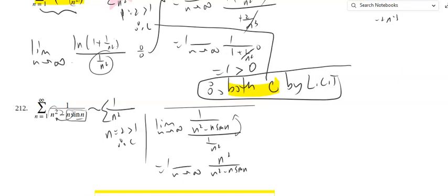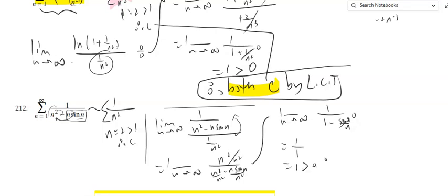And if I divide by the highest power term of the denominator, I could use L'Hopital, of course. Divide each by n squared. That is 1 over 1 minus sine of n over n. As n approaches infinity, that will approach 0. I'm left with 1 over 1, which is 1 bigger than 0.